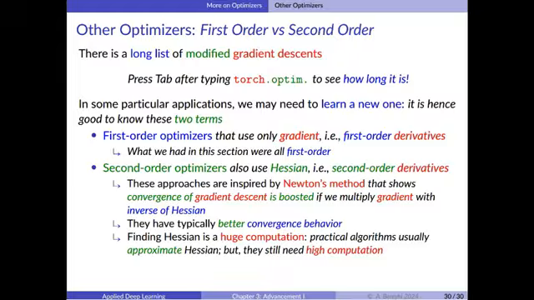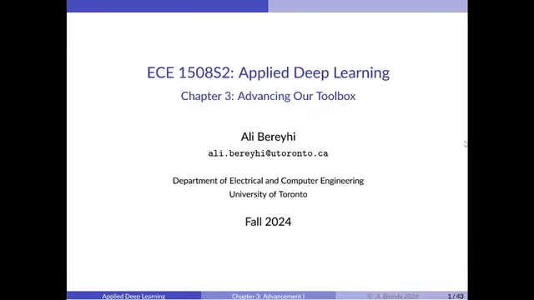Newton's method shows that convergence of gradient descent is improved if we multiply the inverse of the Hessian with the gradient, and they have a better convergence rate, but in computation they are worse as expected, because you always have a trade-off. Even if we use an approximate Hessian, we need higher computation.